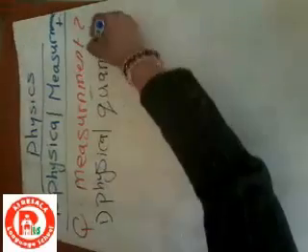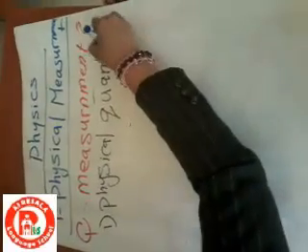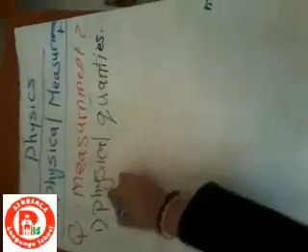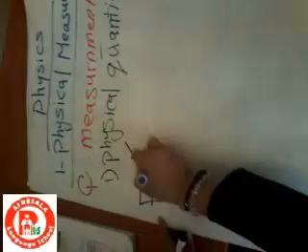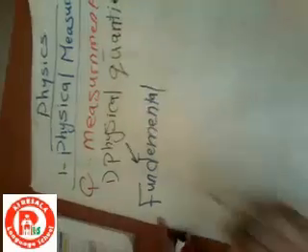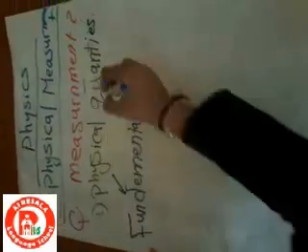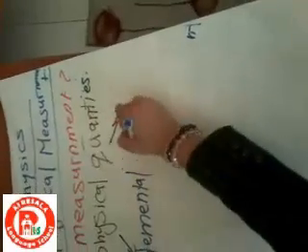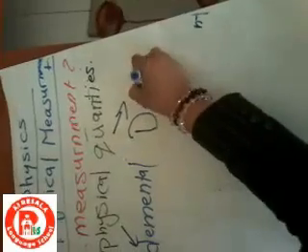We have two types of physical quantities, or they are classified into 2 types. One of them is called the fundamental physical quantities, and the other is called the derived physical quantities.